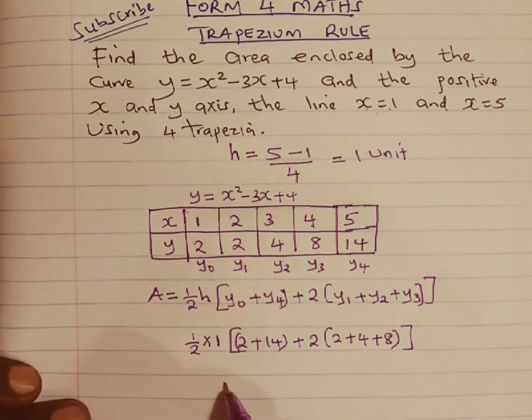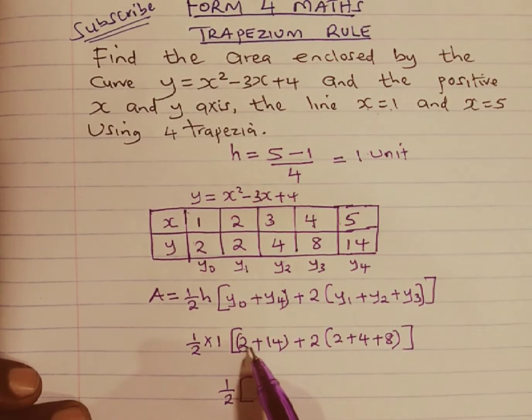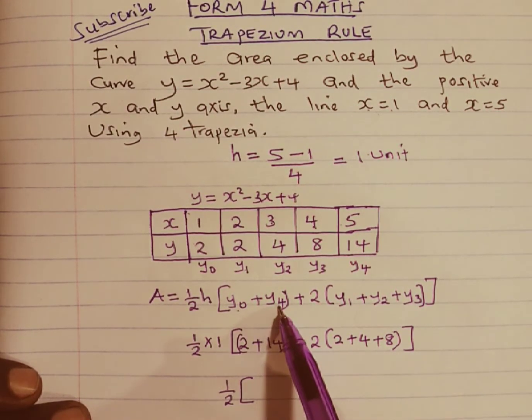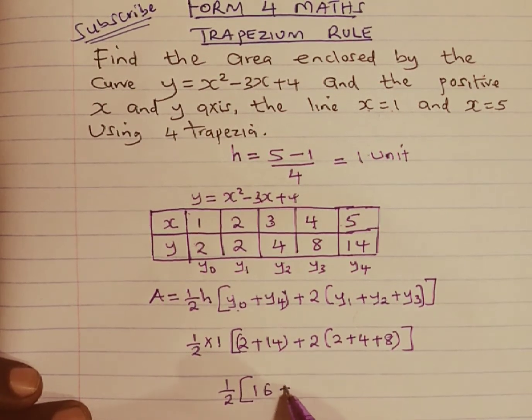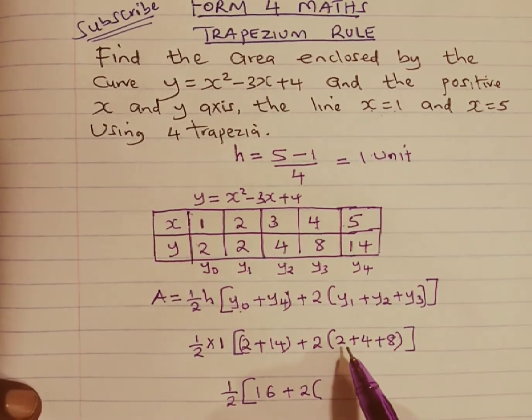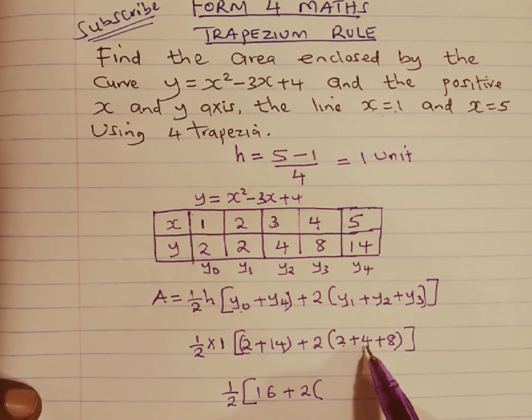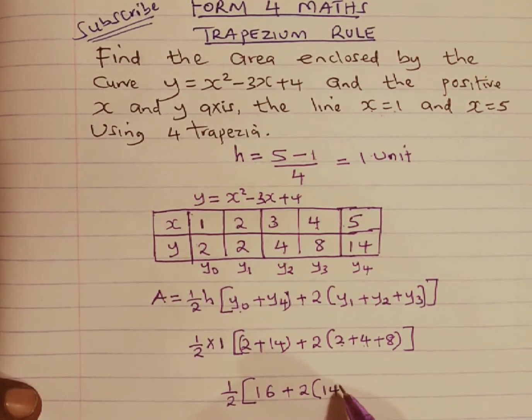We move down, we shall be having half into the ends, which is y0 plus y4 will be 2 plus 14, which is 16, then plus twice into the sum of the middles, and our middles are 2 plus 4, which is 6. 6 plus 8, you get 14.